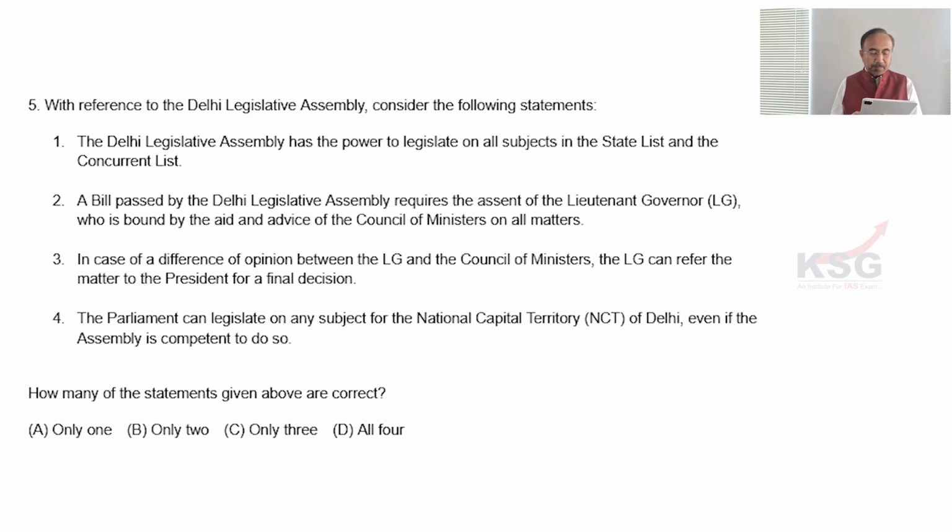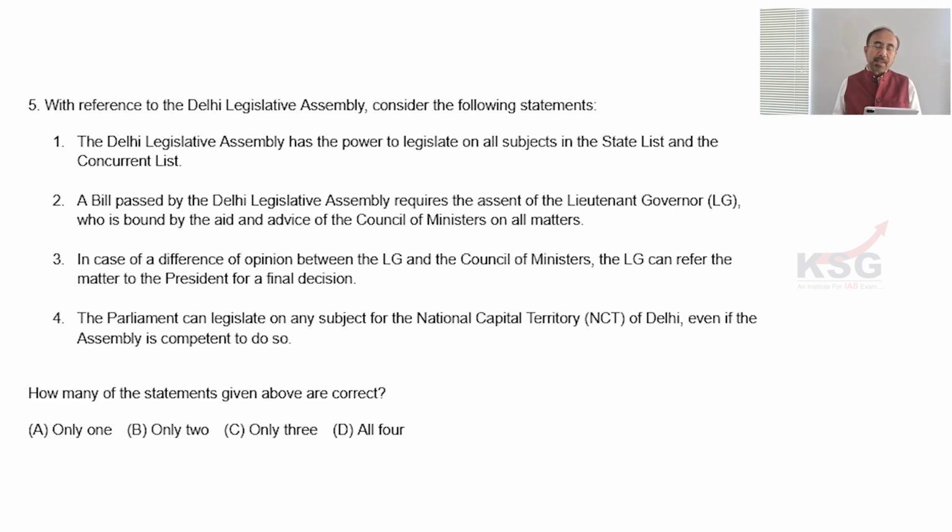Statement one is incorrect. All the items are not there. Items number 1, 2, and 18 are not directly there. Statement two is incorrect. The LG is not bound by the advice of the Council of Ministers, and that's always in debate. Statement number three is correct. A difference of opinion matter goes to the President for consultation, and pending the President's final decision, the opinion of the LG is valid.